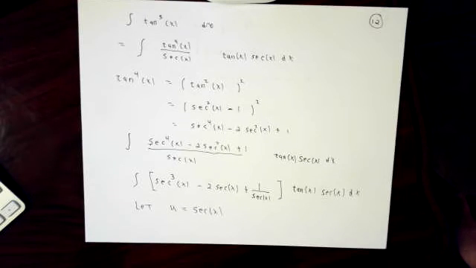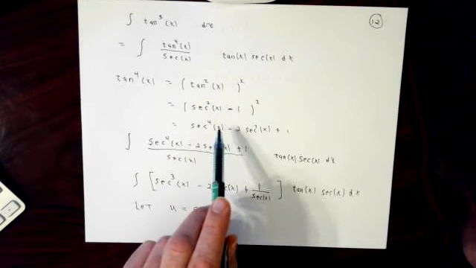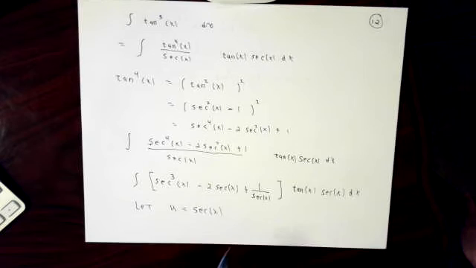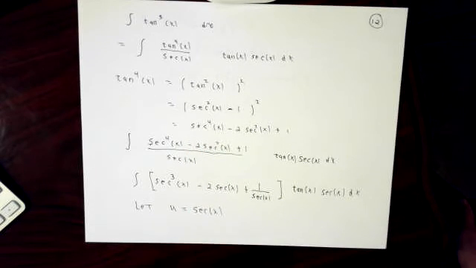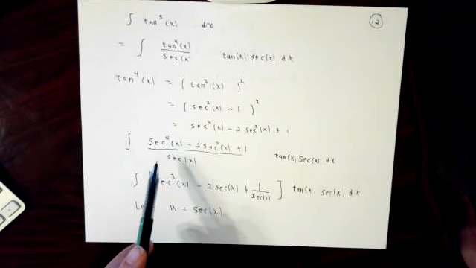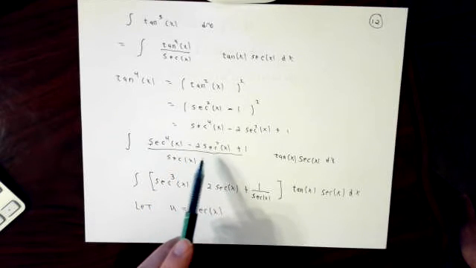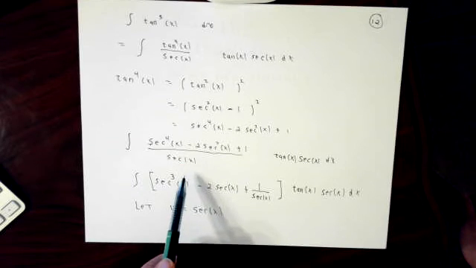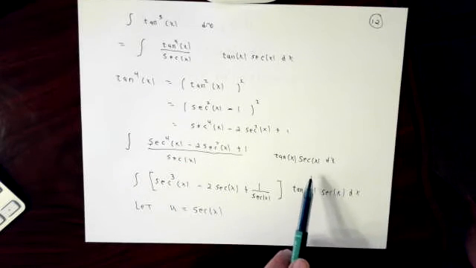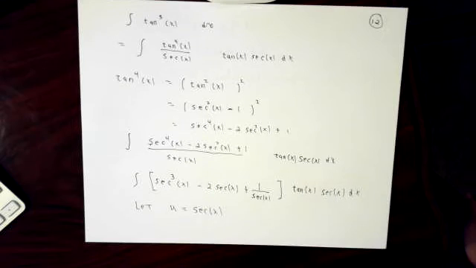Tangent to the 4th is the square of tangent squared of x. Tangent squared of x is secant squared of x minus 1. So if you just multiply that out, you'll find that the tangent to the 4th can be written as secant to the 4th minus 2 secant squared plus 1. I'm dividing by secant of x, and I have tangent x secant x dx at the end.